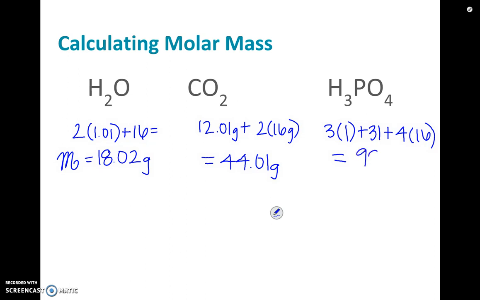So here we have 98 grams is the molar mass of phosphoric acid. If I calculate it with all the decimals, I wind up with 4 times 15.999, the exact same answer. So in this case, it really doesn't make a difference at all.